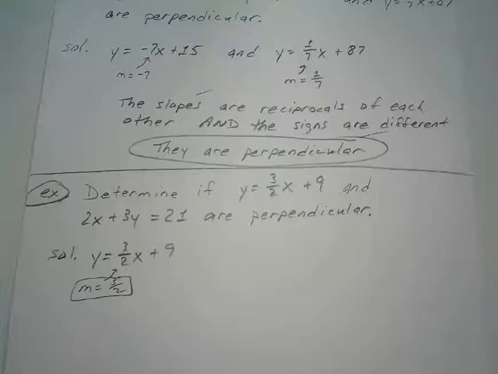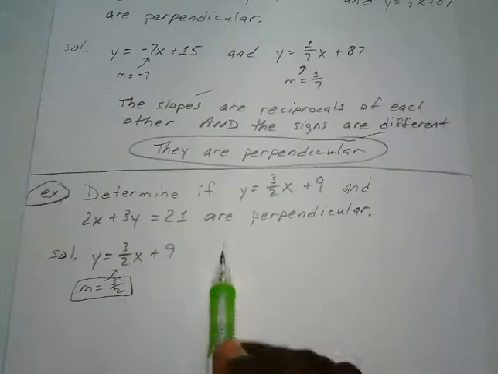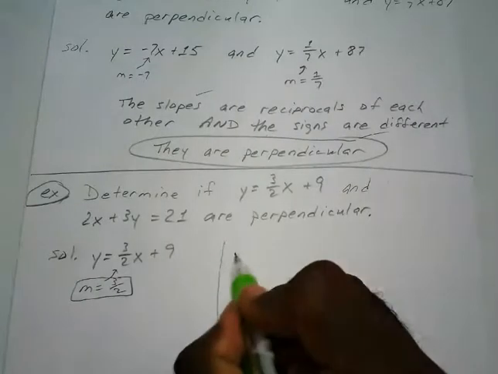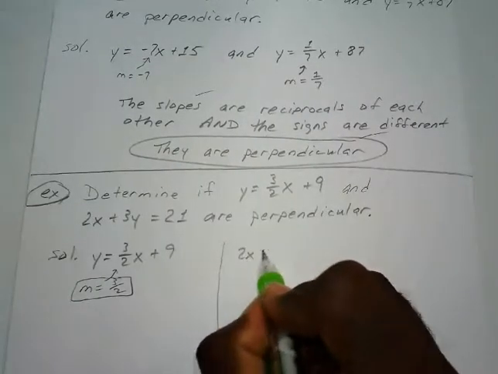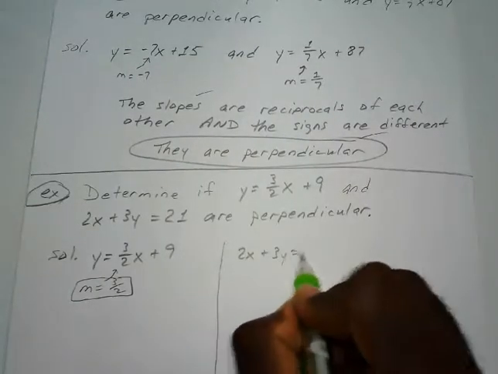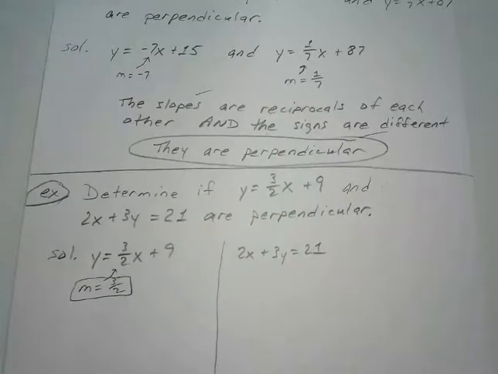The one we have to do a little extra work on is 2x plus 3y equals 21, because we have to get the y by itself.